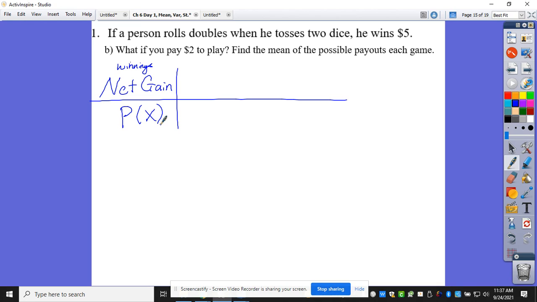Now this one is going to be easy, but so here I'd be like, I win or I lose. If I won, how much, what were my winnings? Just in general, how much? 5 and 0, so that's from our last game. So now when I look at it as net gain, I'm considering how much I paid. So if I paid $2 to play and I won $5, my net gain is.